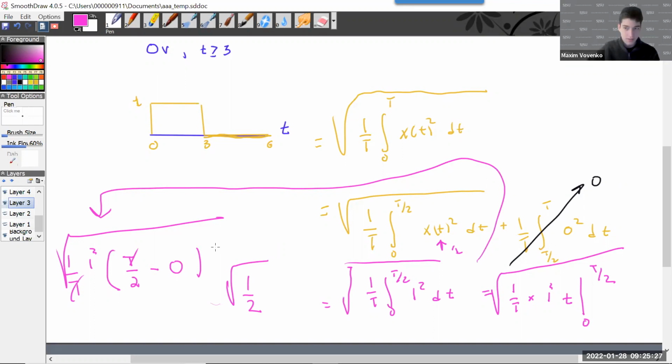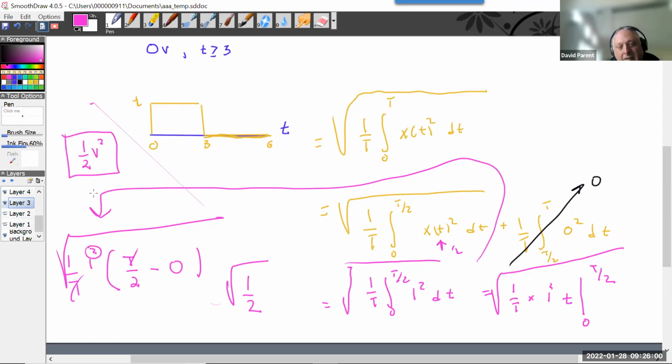0.707. Yeah, I like that answer because it matches LTspice. And so where's that coming from? Even though the average of this, before we take the square root, is going to be 1/2 volt squared.